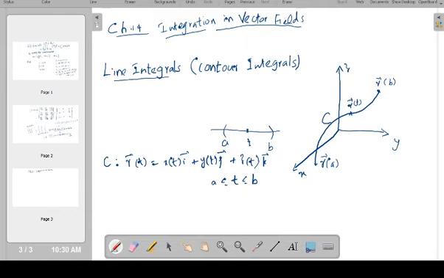So at time t, the particle was at a distance x of t in the x direction, y of t in the y direction, and z of t in the z direction.